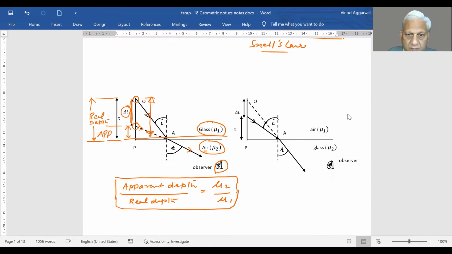And you have to be careful that this is for viewing from μ2. It doesn't matter whether μ2 is rarer or denser. Just now we'll take the case which is opposite to it. Now let us take this case.